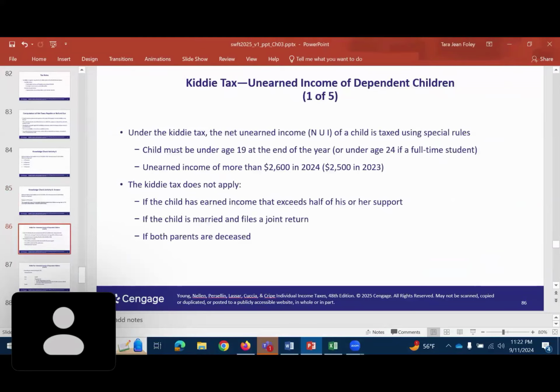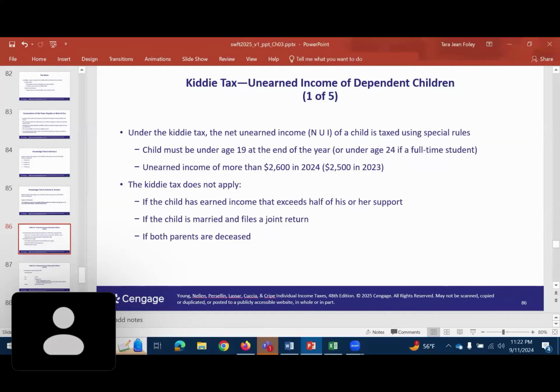The kiddie tax. The kiddie tax is the unearned income of a dependent child. So what is this about? This happened because a lot of very wealthy people were paying a lot of money in taxes because of the income that they earned. And what they started doing was opening up bank accounts for children, 2 years old, 4 years old, 5 years old, whatever, and throwing money into those accounts.